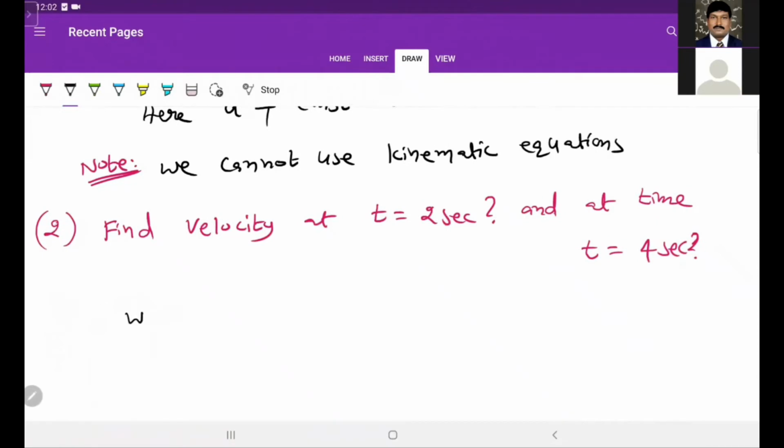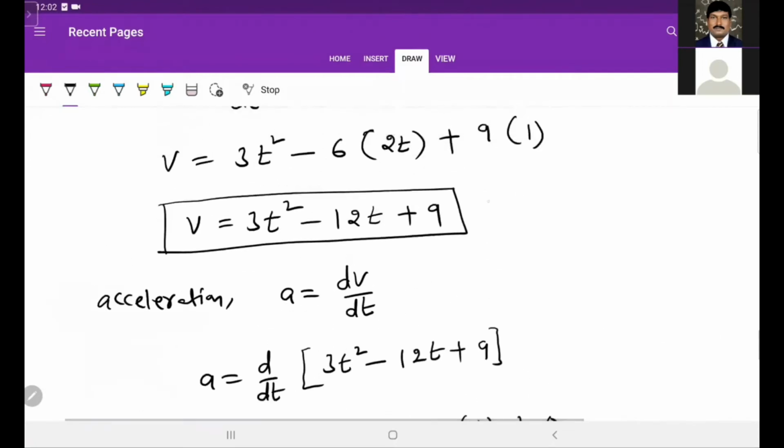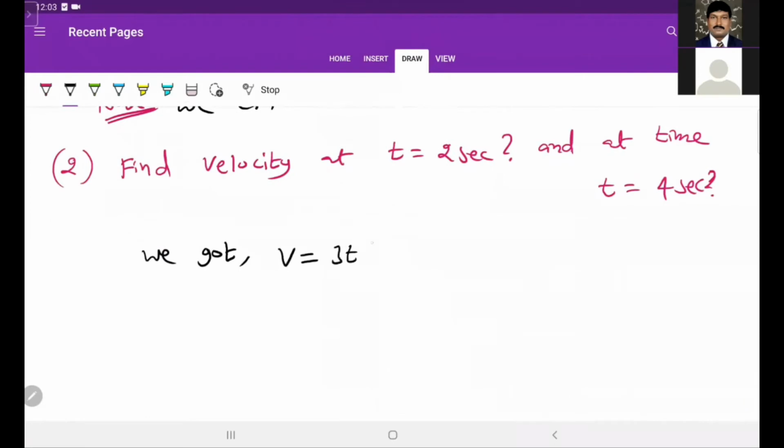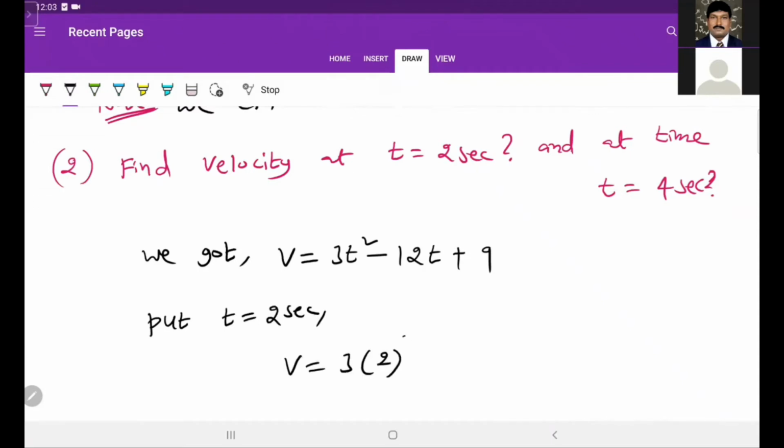In the above question, what is the velocity at time 2 seconds and 4 seconds? We got the velocity equation v is equal to 3t square minus 12t plus 9. Use this equation. Put t equal to 2 seconds. So we get velocity is equal to 3 into 2 square minus 12 into 2 plus 9.